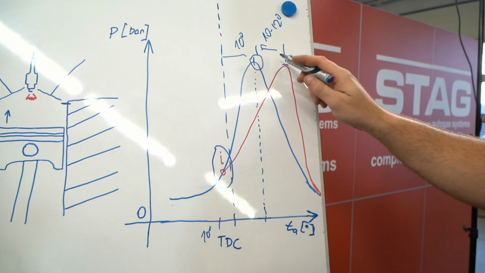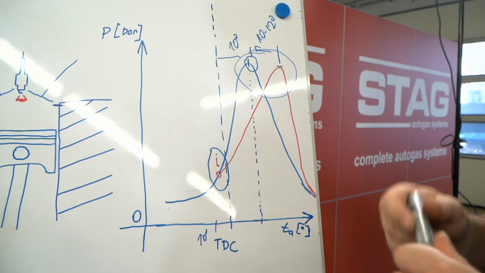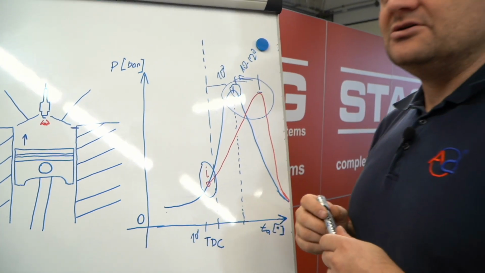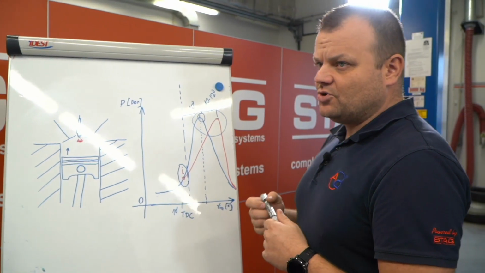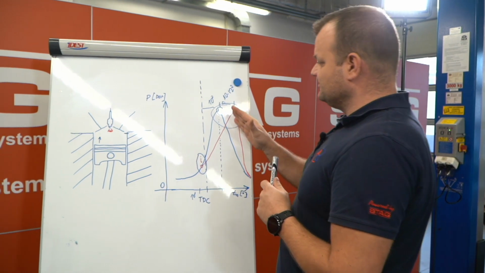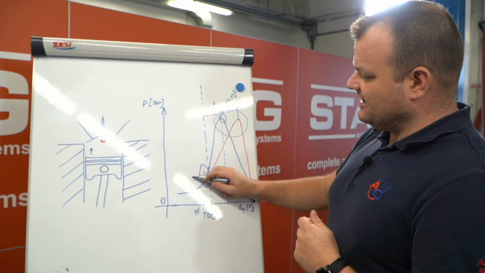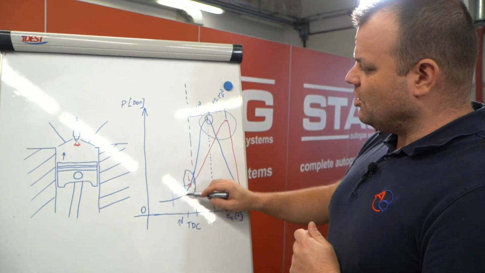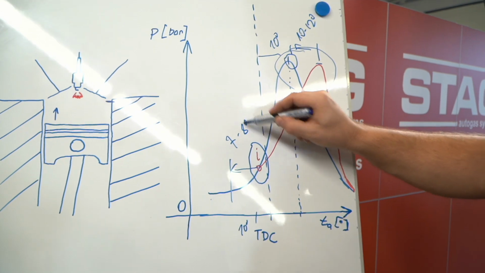So the end effect is that we are losing efficiency of the engine, and fuel efficiency, torque and power can be much lower compared to petrol. To handle it properly, we should advance the ignition angle more. In case of LPG, it is 7, even 8 degrees.